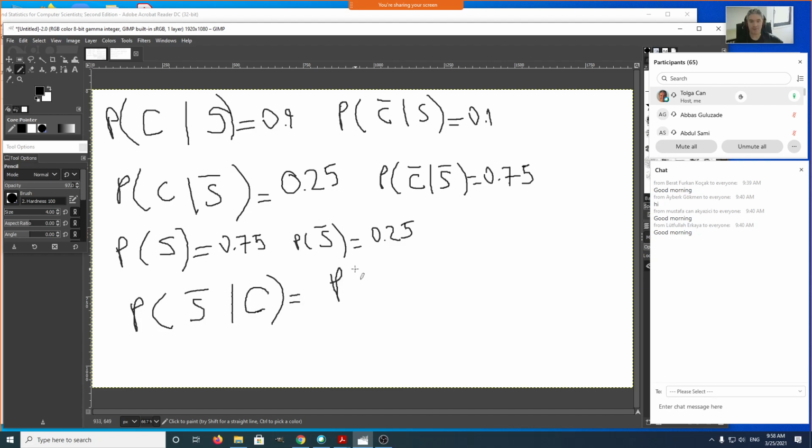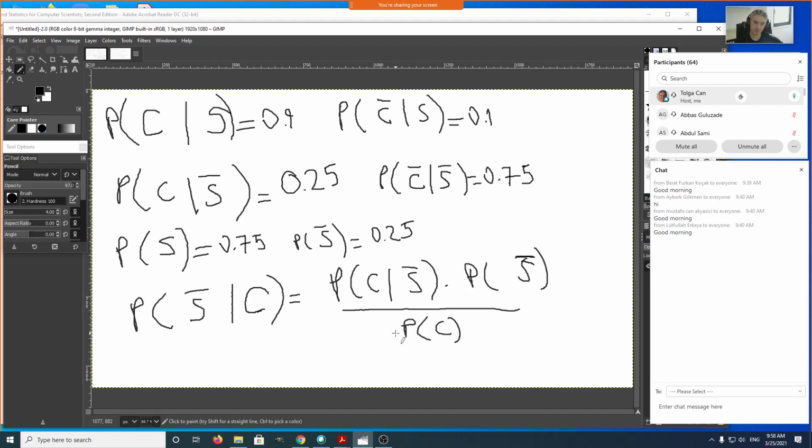If I directly apply the Bayes rule, what I have is this, divided by the probability of giving a correct answer. This is S complement. I'm interested in the intersection of S complement and having a correct answer.